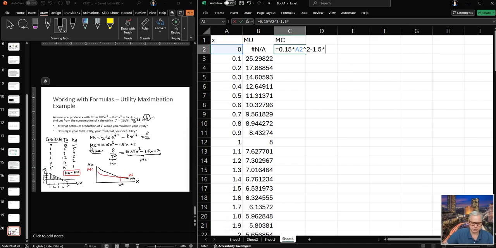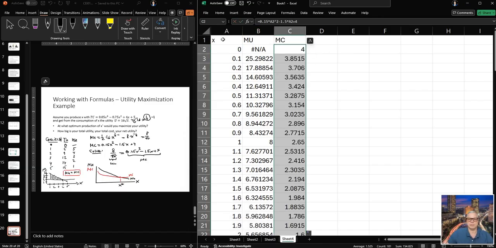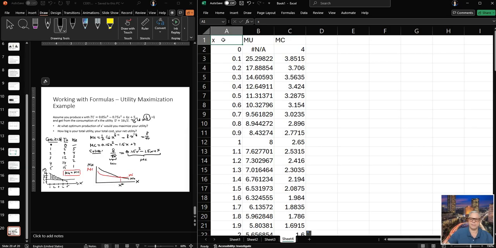You couldn't type it like that, since Excel will obviously not understand it, so I have to click here for each x value, and then plus 4. Okay. So now let's see what those two graphs look like.